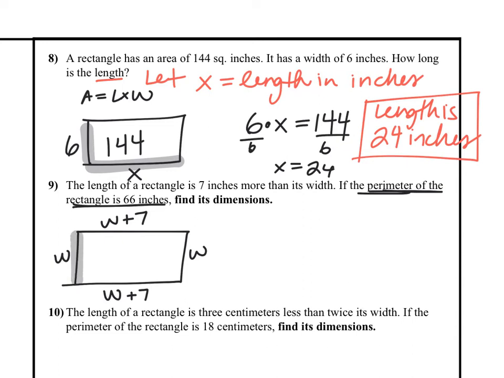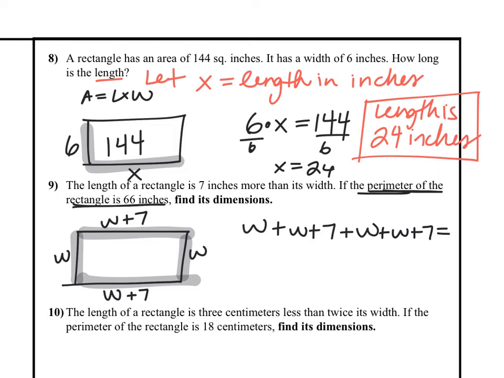Highlight one at a time. W plus W plus 7 plus W plus W plus 7 equals 66. You combine like terms and then solve. Let's see, 4W plus 14 equals 66. Keep solving.